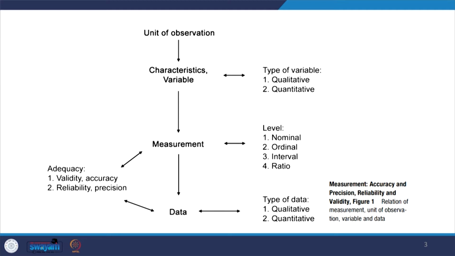We start with the unit of observation, then define its characteristics or variables. Those variables could be qualitative and quantitative, and once we understand the basic aspects of variables and characteristics, we move to the measurement. In the measurement, we should check all four adequacy aspects: validity, reliability, accuracy and precision.